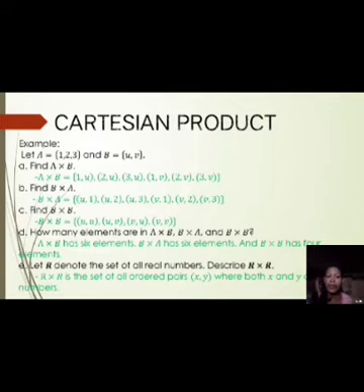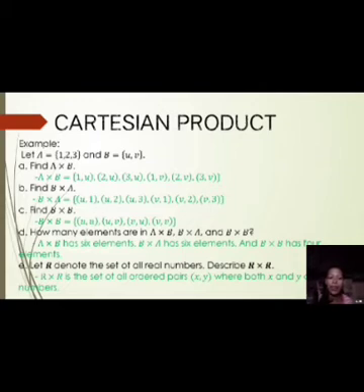A, find A cross B. We can find A cross B using the values of A and B. By substitution, A cross B is equal to the elements (1, u), (2, u), and (3, u), and another is the elements (1, v), (2, v), (3, v).